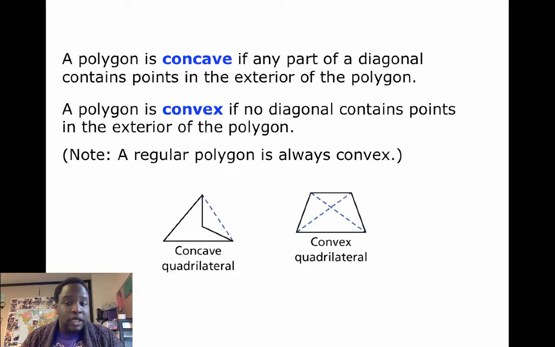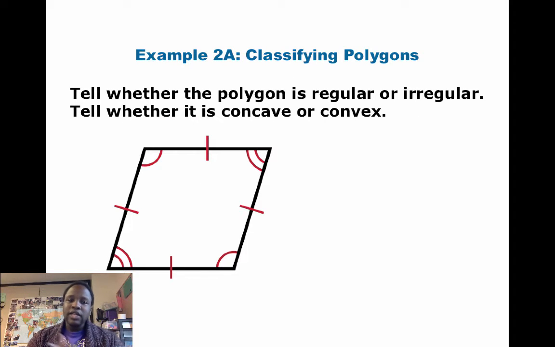Note that regular polygons are always convex, and most of the polygons that we look at are convex polygons. So let's take a look at this. Tell whether this polygon is regular or irregular, and tell whether it is concave or convex.